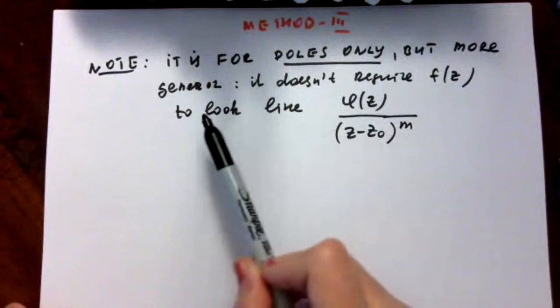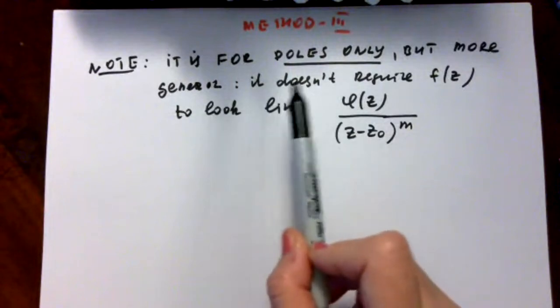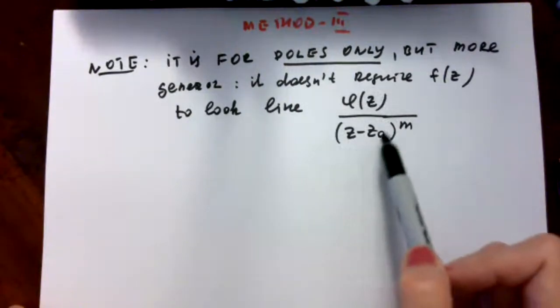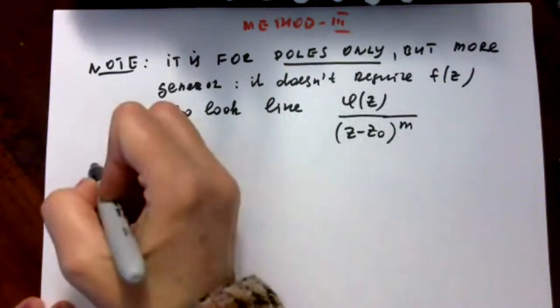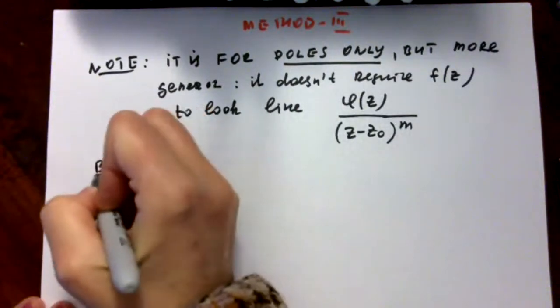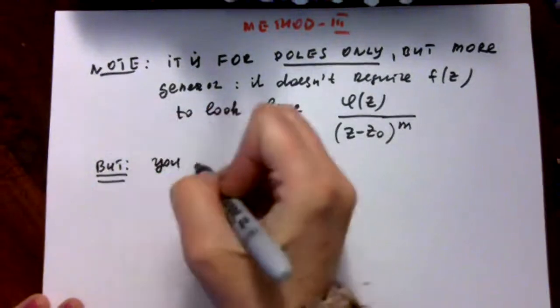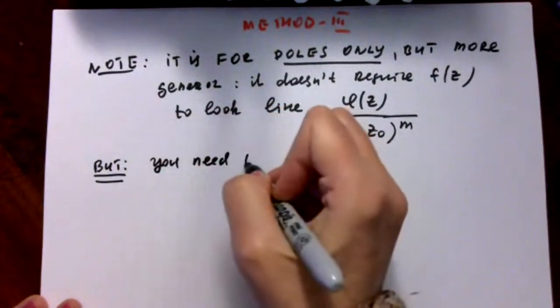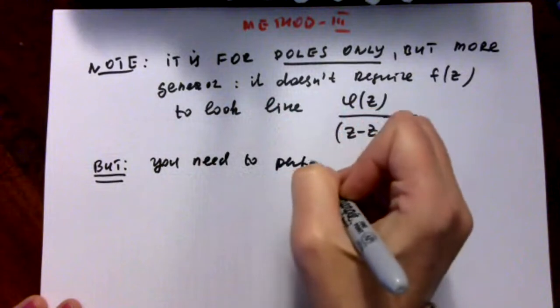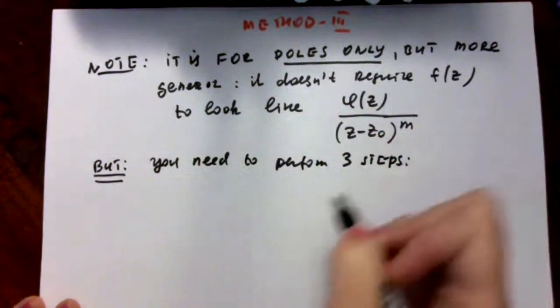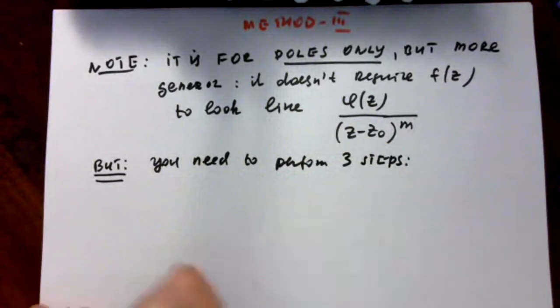So the main thing about this method 3 is that it doesn't require our function to be of a specific form, but the con is you need to perform 3 steps, quite new steps to be honest. That is a drawback, of course, but luckily we still have this method.